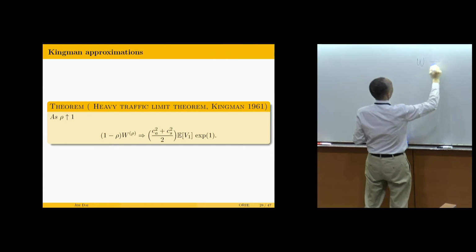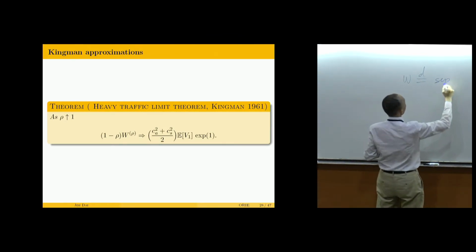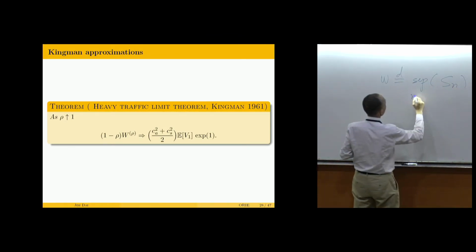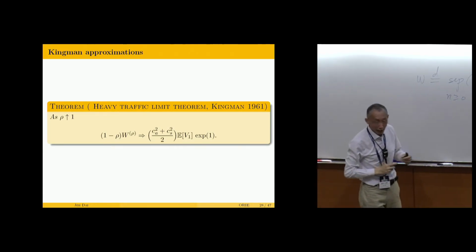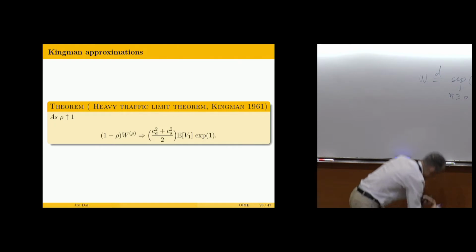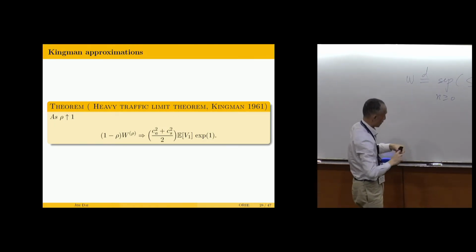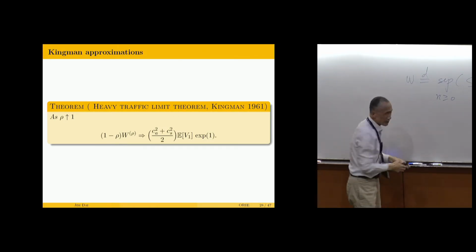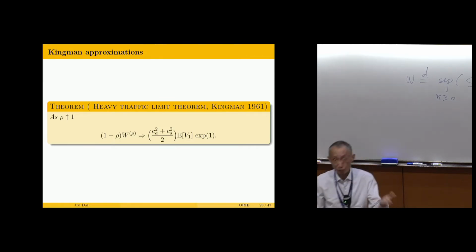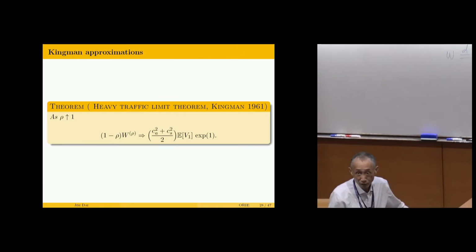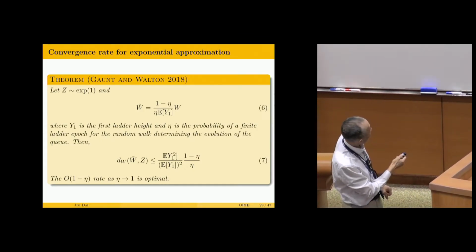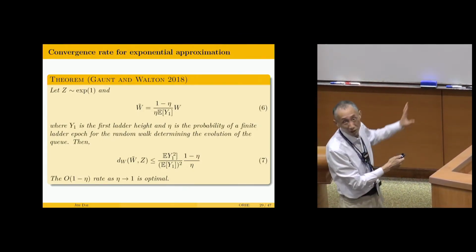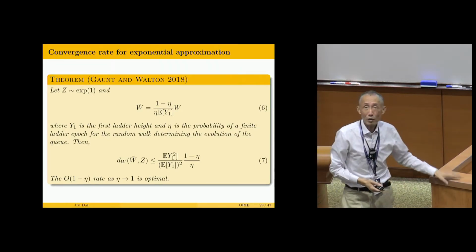W has the following representation. S_n is a random walk, and this representation gives you this. But this Y is not in terms of the primitives, the inputs of the model. Also it's unclear here, eta and rho weren't really explored.